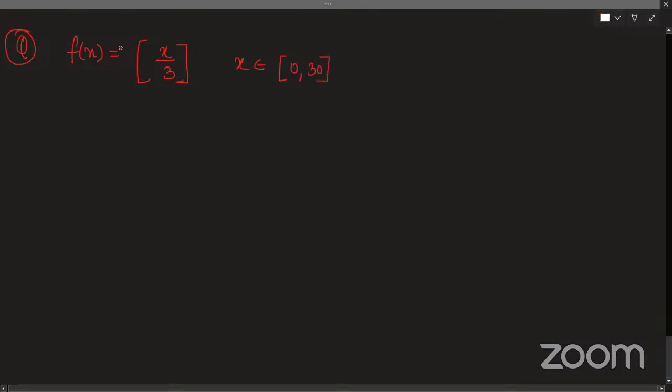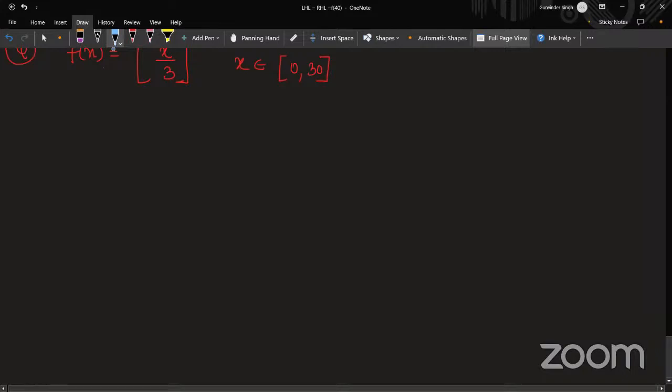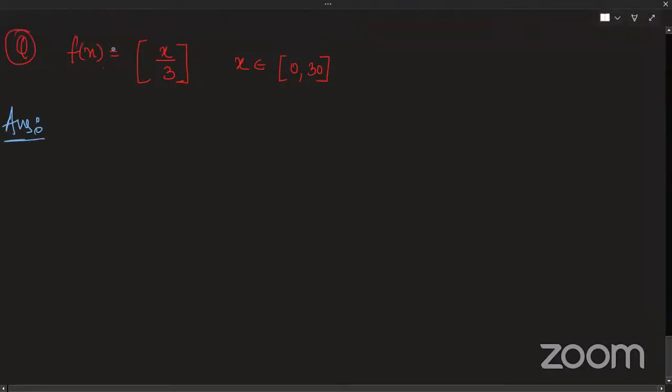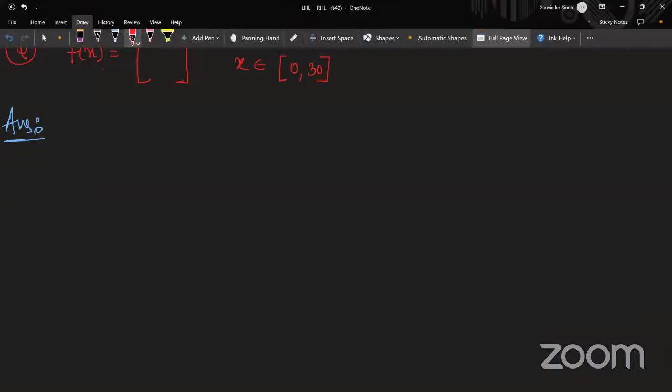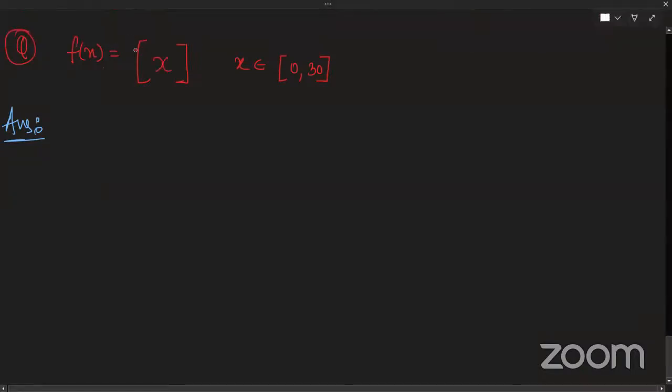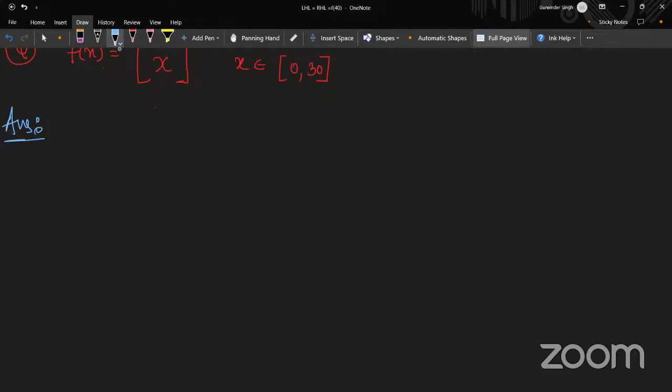And it is asking what are the discontinuous points. For one case, let us just take the greatest integer function of x only. For the first question, I'll keep it easy. After that, we'll start one level further.